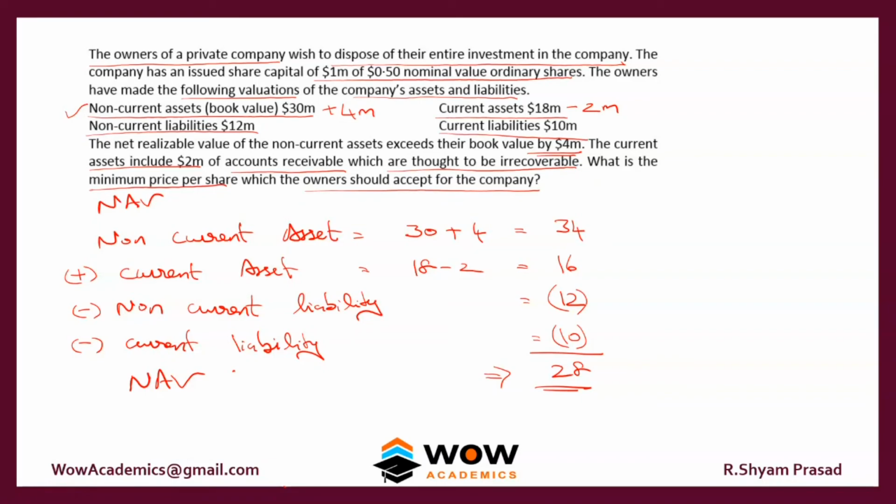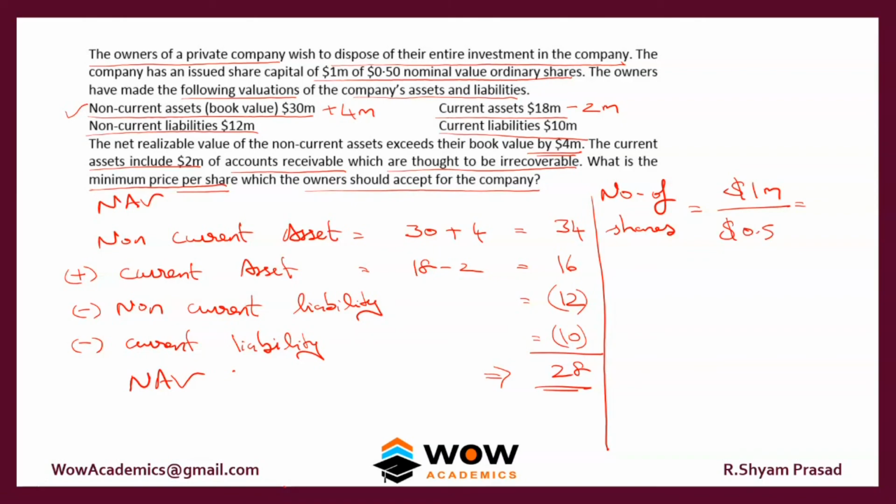But this NAV value is a total value, and the question asks you for the per share value. So we have to find out the total number of shares. The company has 1 million worth of shares, so we take that as the numerator, divided by each share being worth 0.5 of nominal value.